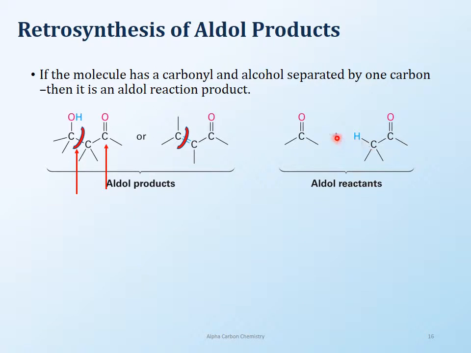Whatever has the alcohol will end up getting the carbonyl, because that's the carbon which got attacked by the nucleophile, so it will get the carbonyl, and whatever is remaining on the other side will get the hydrogen. The best way to start looking for where to break the bonds is to look for your carbonyl first, and then look at the alpha carbon, and then you break it apart.